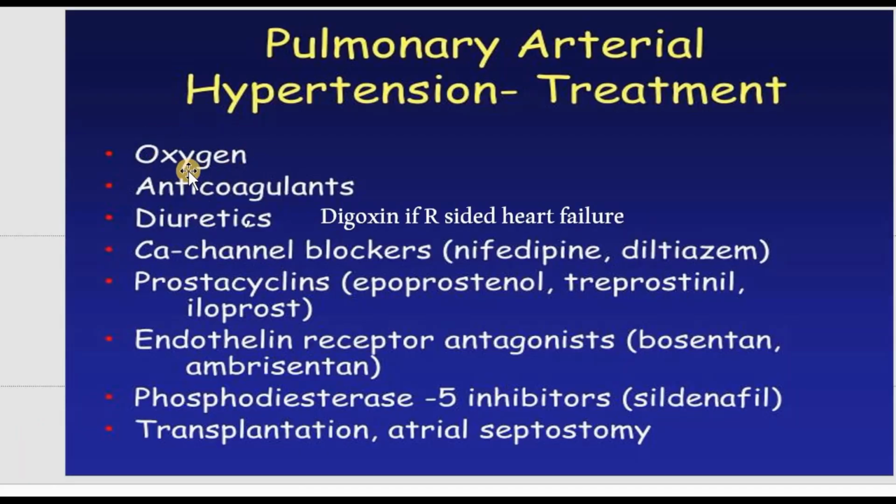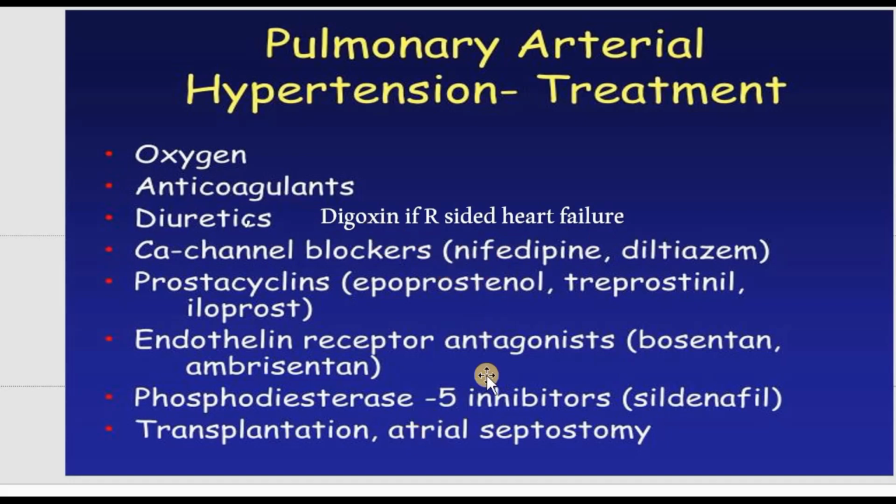If the patient is hypoxic, administer oxygen. Anticoagulants, because pulmonary hypertension increases the risk of blood clot formation, so blood thinners. Diuretics help to remove excess fluid, and as a result, blood pressure drops. If there is evidence of right side heart failure, digoxin.